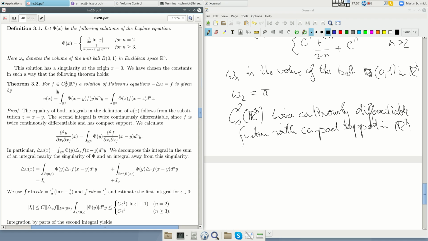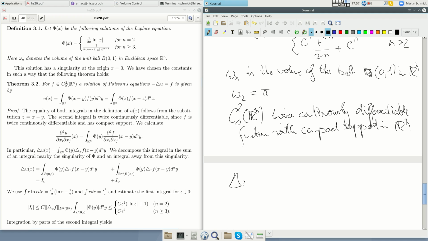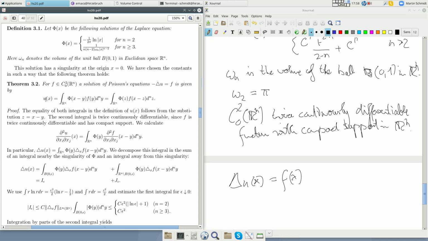Now look at this first formula. We have Laplacian u of x is equal to f of x. First of all, this is equal to this. This we have already seen before. This is the convolution of phi with f, and we already observed that we can write the convolution in this way and in this way.